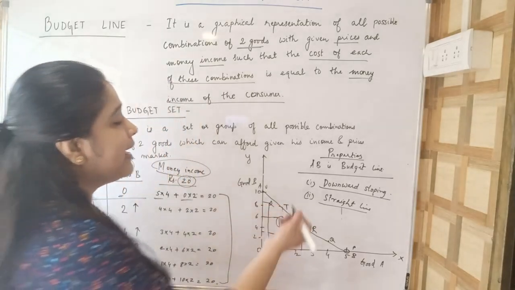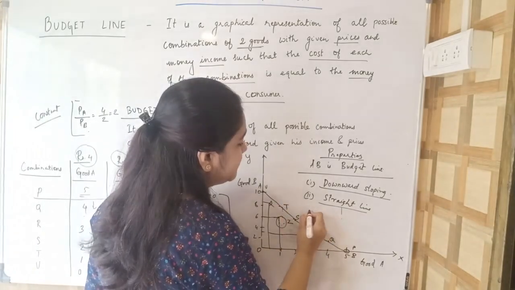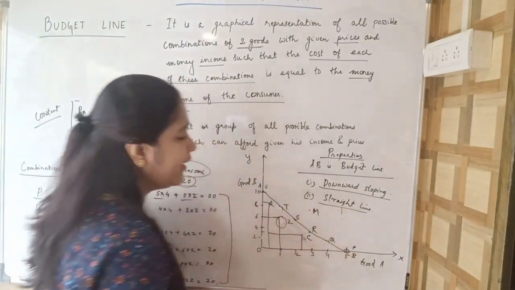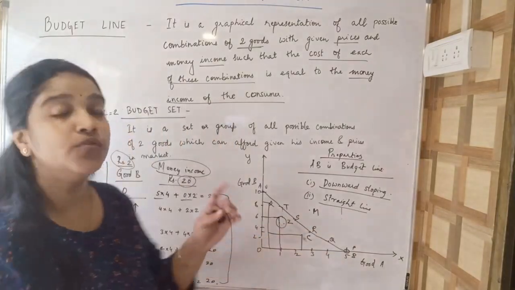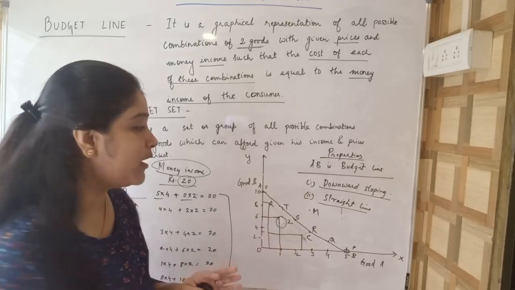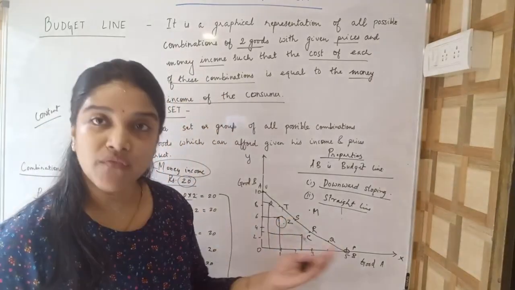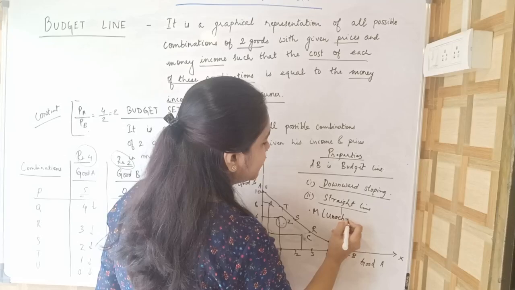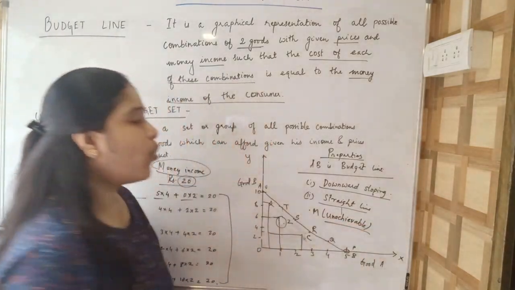Now what about any point coming outside the budget line? Let's say this point, let us name it as M. This point is outside the budget line, so it is not within the budget of the consumer. So we will not say overspending, but we'll say it is unachievable. We do not have any concept of overspending.